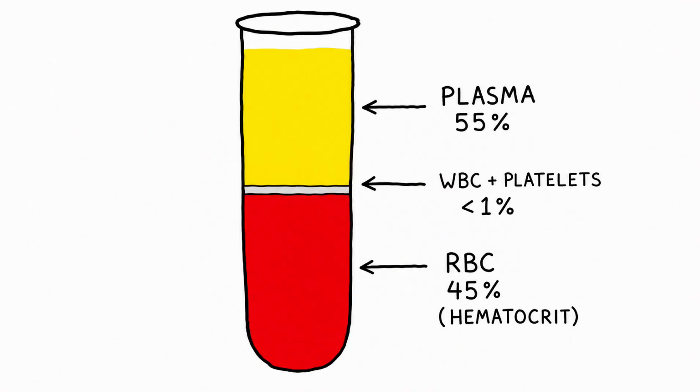The percentage of red blood cells is called a hematocrit, sometimes abbreviated HCT, or also known as PCV, packed cell volume. 55% of it is plasma, 45% is red blood cells, and the white blood cells and platelets or cell fragments are typically less than 1%. Okay.